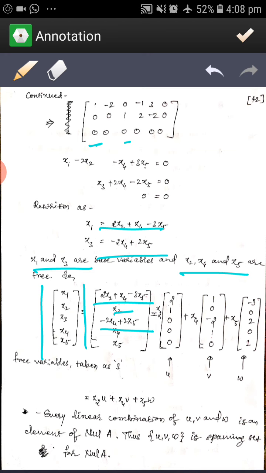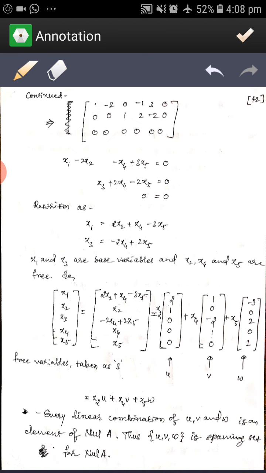The same thing we write in vertical form. Only these two are the equations, the other three are free variables, anything we can take. If you take x2, you take it from the column: this is 2, this is 1, and here 0 0 0, no x2 terms. If you come to x4, here 1 is there, and here minus 2 1 0. Like this we can write the x2, x4, x5 times in all of these.